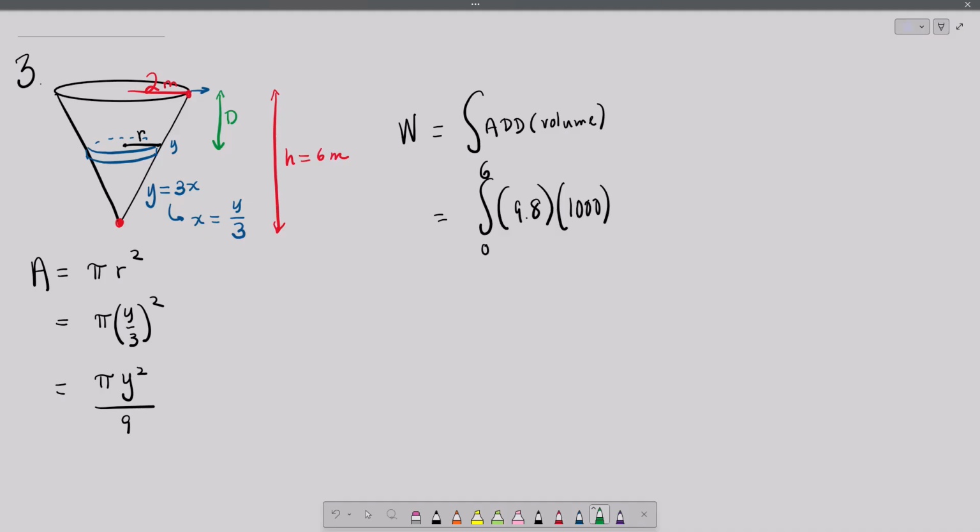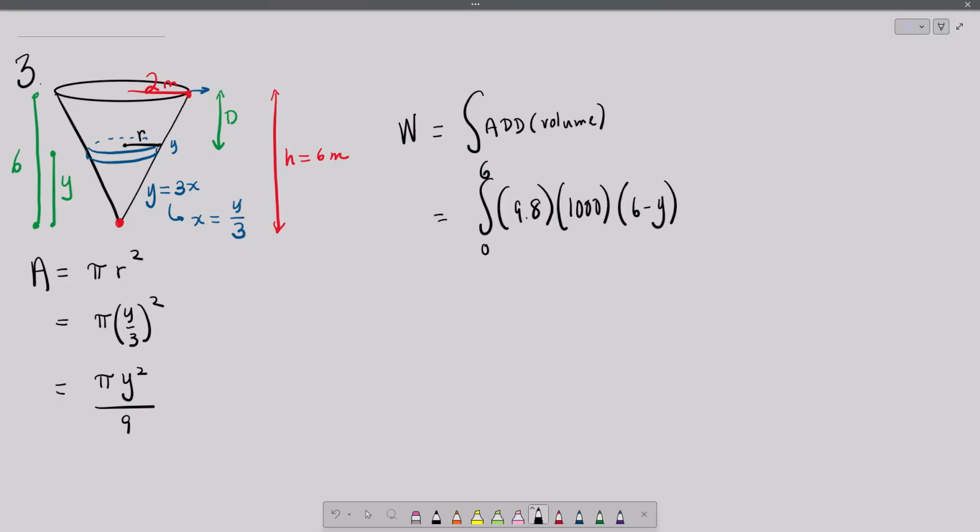Y is smaller than 6 because it's below it. If you think about distances, all the way there is 6, and this distance here to here is y. So that distance is 6 minus y. So there's our ADD.